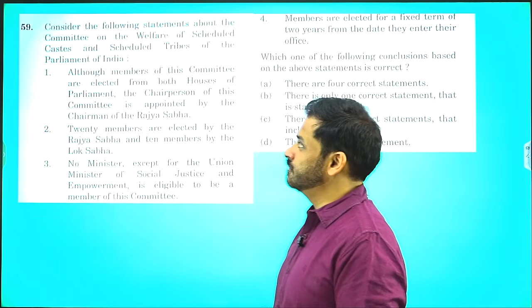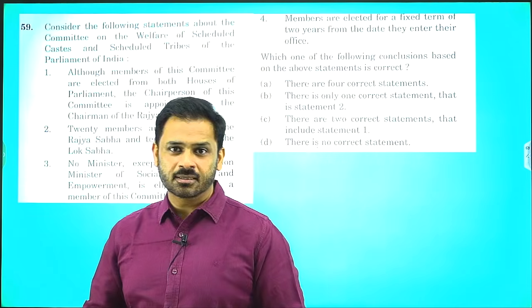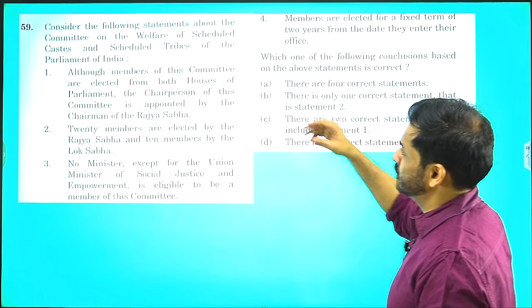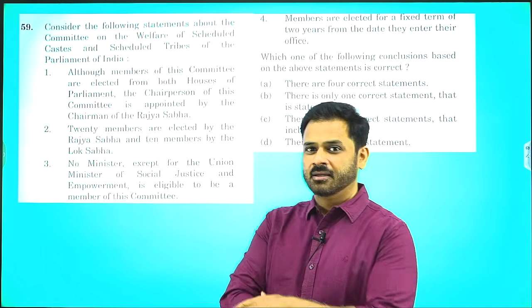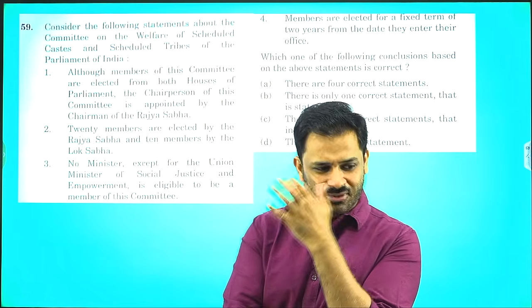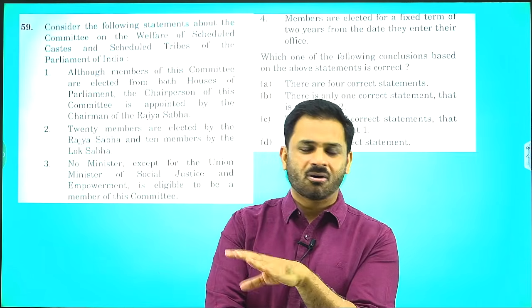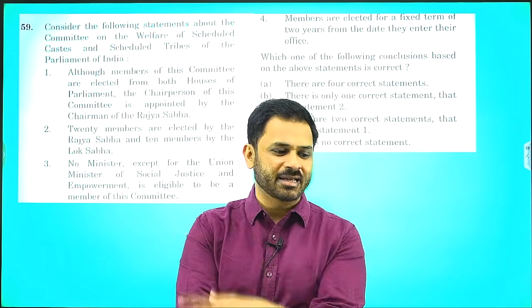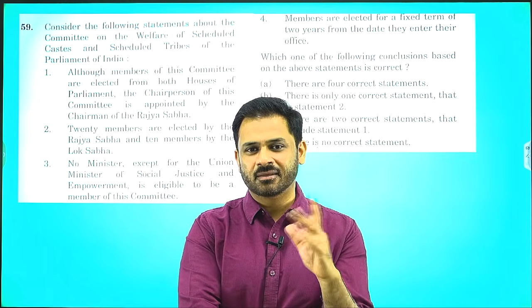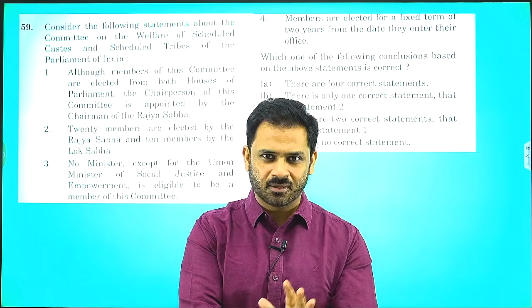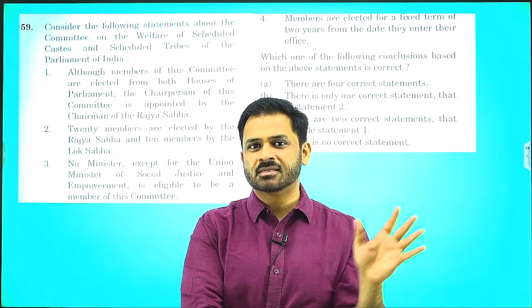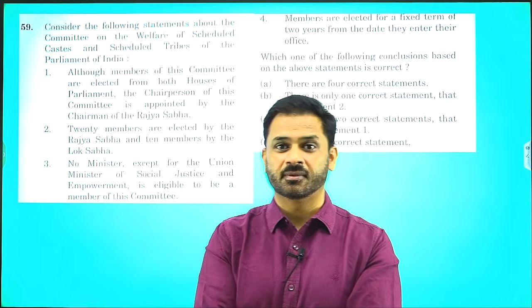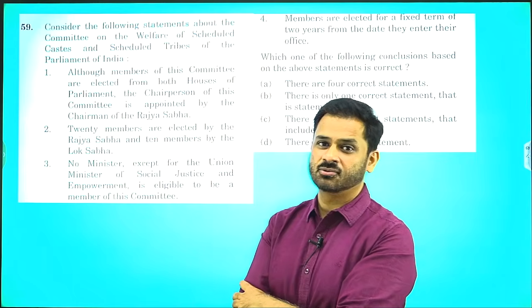Question number 59. Consider the statements in relation to the Parliamentary Committee on Welfare of Scheduled Caste and Scheduled Tribe. Now you see, you cannot remember all parliamentary committees in detail one after the other. This is how I address it in one framework, as to how you can develop an understanding of the nitty-gritties of parliamentary committees.